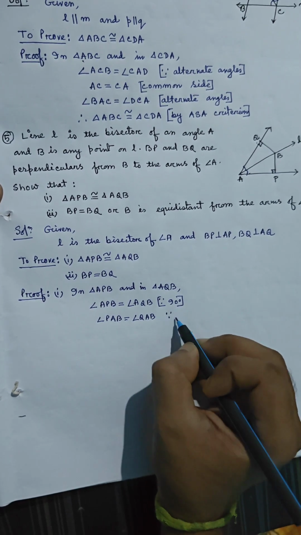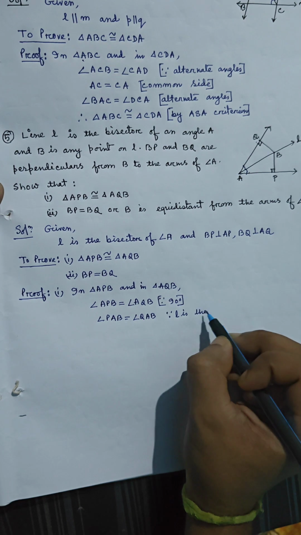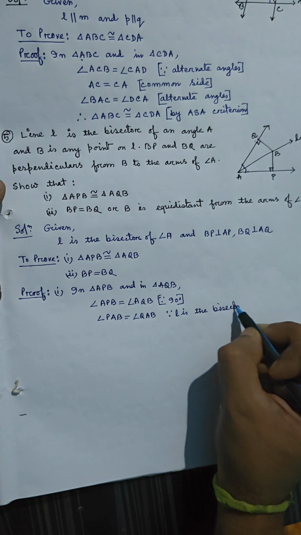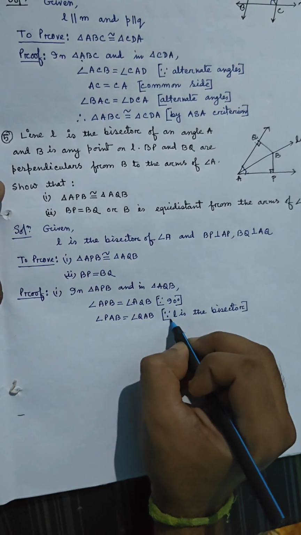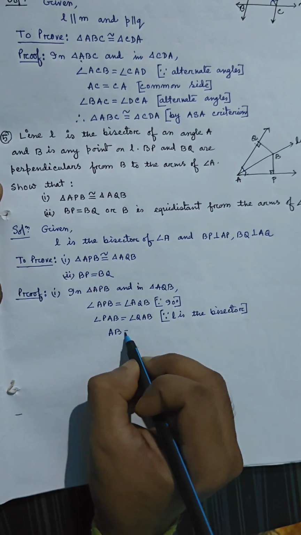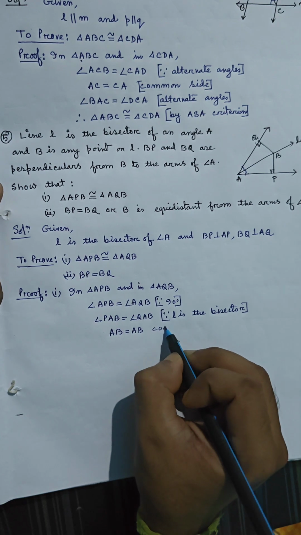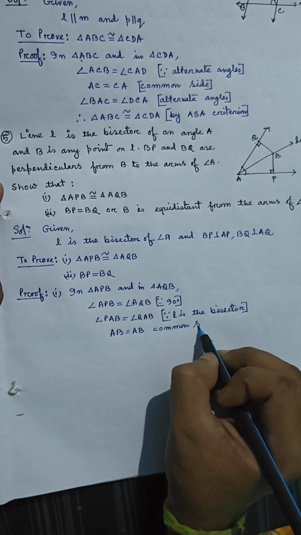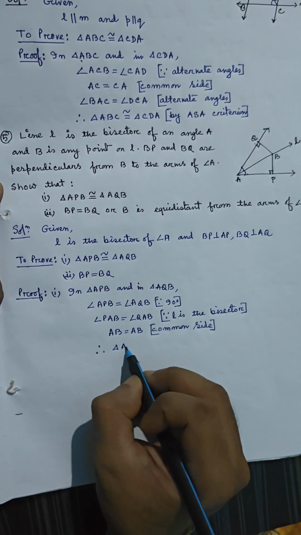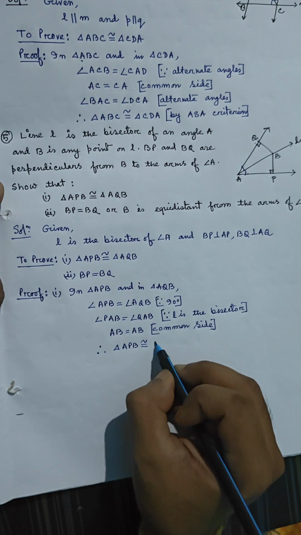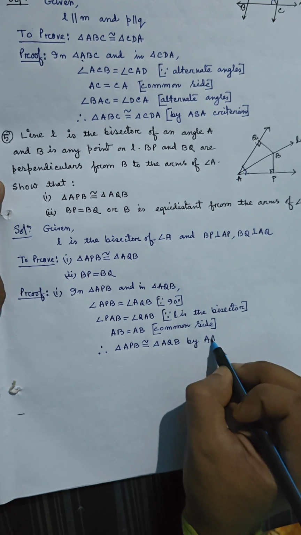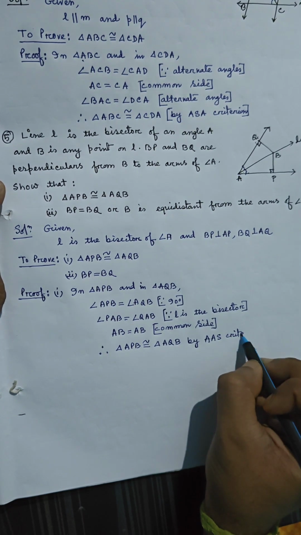Reason is since L is the bisector. And third one is AB equal to AB, common side. That's it. First one is done. Therefore, I can say triangle APB is congruent to triangle AQB by AAS criterion.